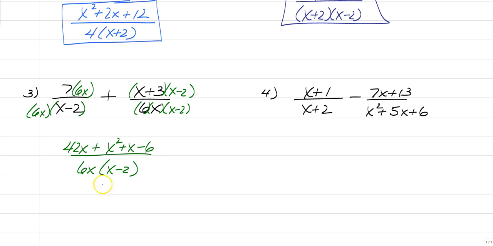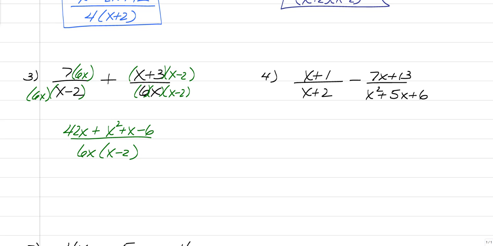And then you have to put all of that together. So the final answer for this guy is going to be x squared plus 43x minus 6 all over 6x times x minus 2. And again, nothing you can do with that, so you're good to go.